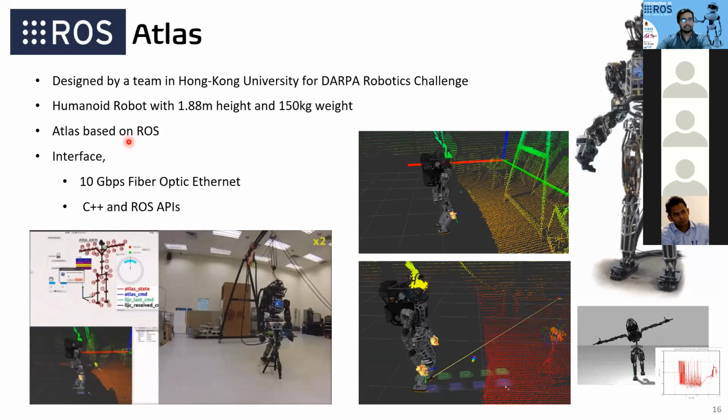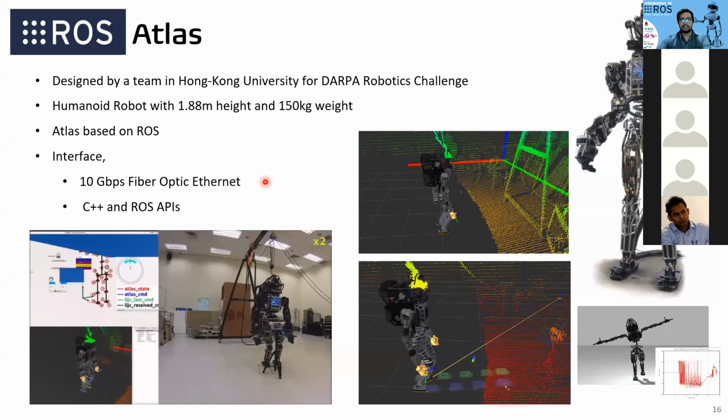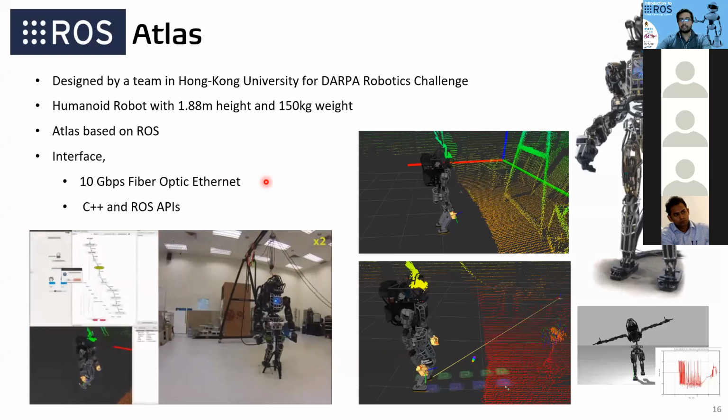As you can see in these nice videos, they show the perception and the walking simulations of Atlas, and there are so many other applications. The videos have been shared in the chat, and you can watch them and learn about Atlas further.